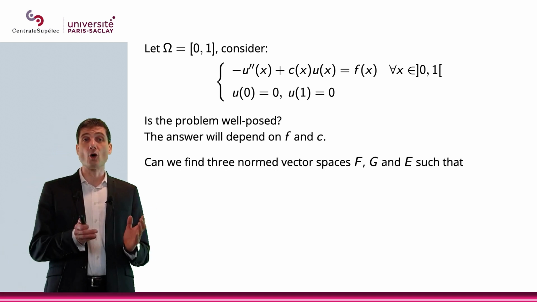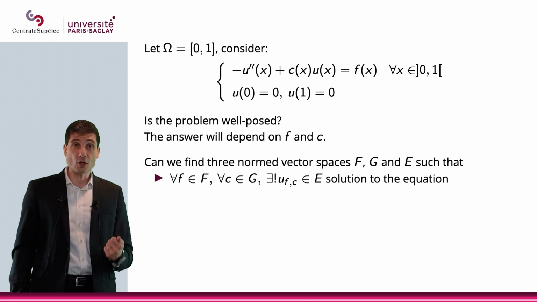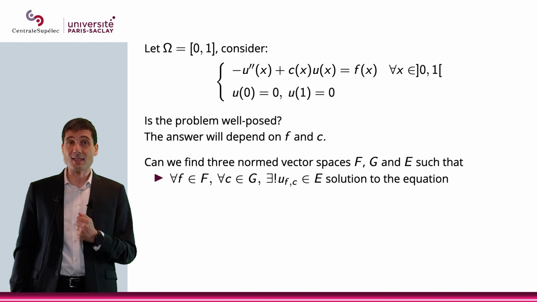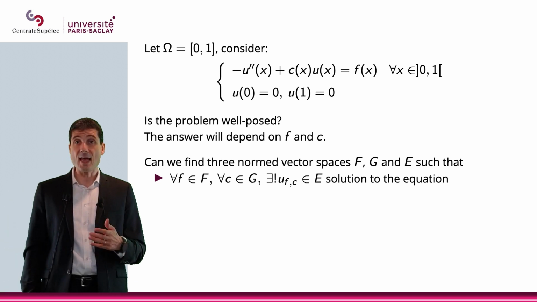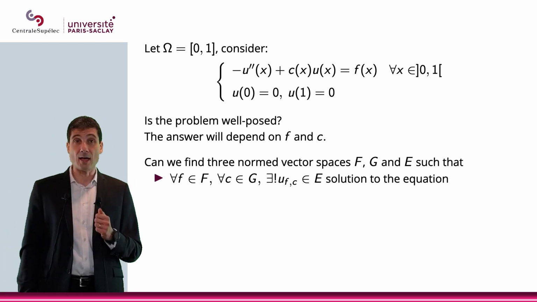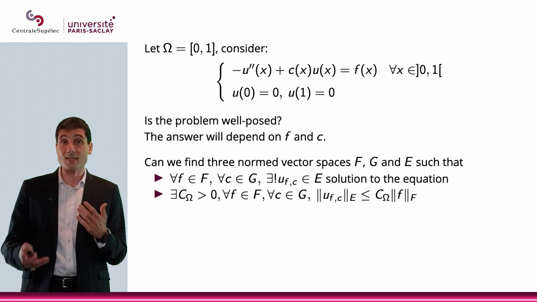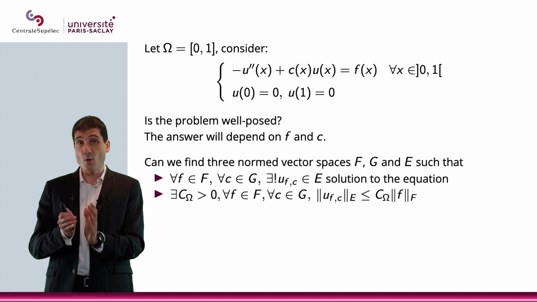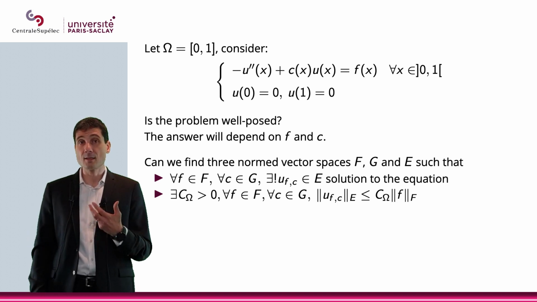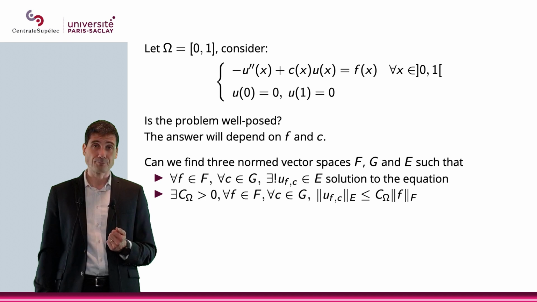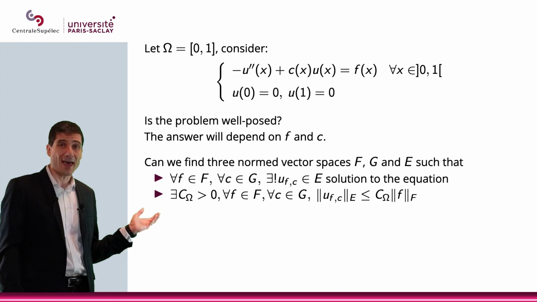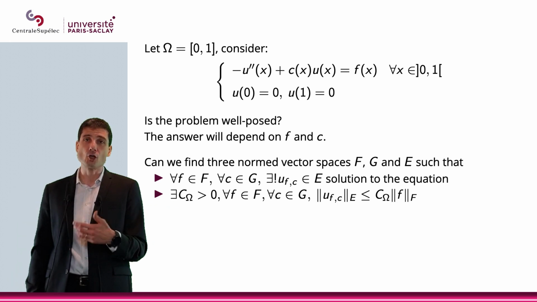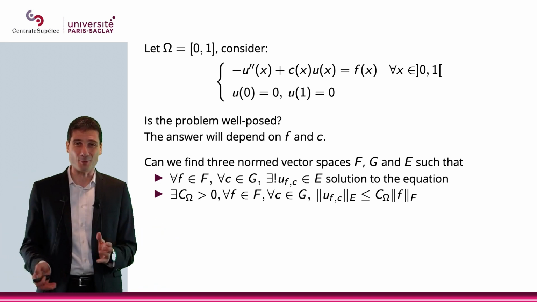Can we find three normed vector spaces F, G, and E such that for all data f in the vector space F, for all functions c in the vector space G, there exists a solution u in E that is a solution to that equation, and that will satisfy this continuous dependence, in other words, such that the norm of u in E is bounded by a constant times the norm of f in F. As you can see, I write u_{f,c} to insist on the fact that u will depend on f and c, but soon enough we'll drop this f and c, so it's just easier to write.